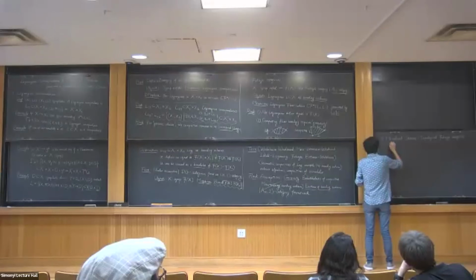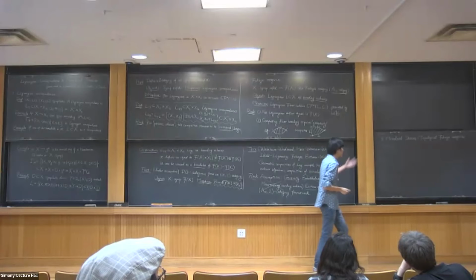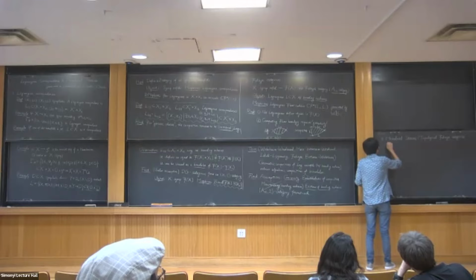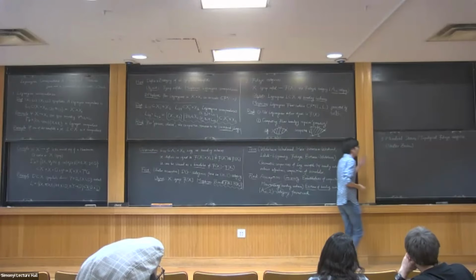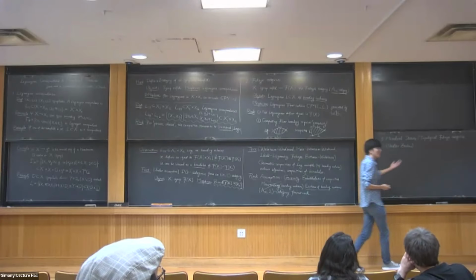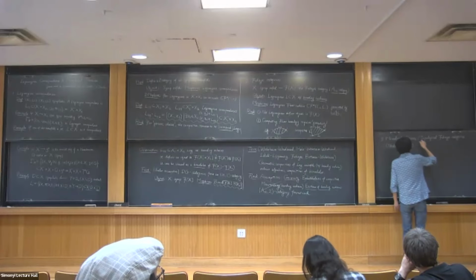So the first result in this direction is by, I guess, Nadler and Zaslow, who realized that there is some relation between sheaves on manifolds and Fukaya categories in the cotangent bundle.